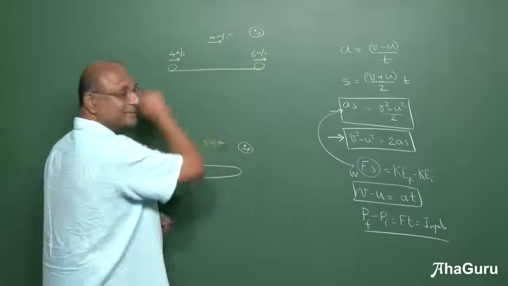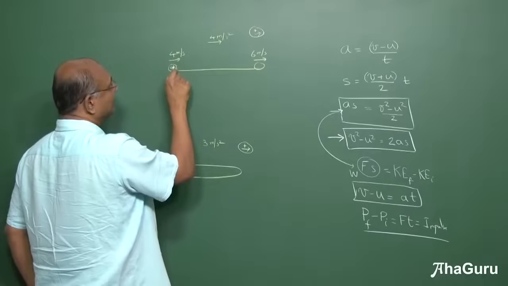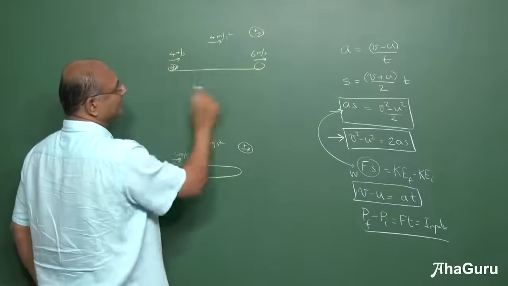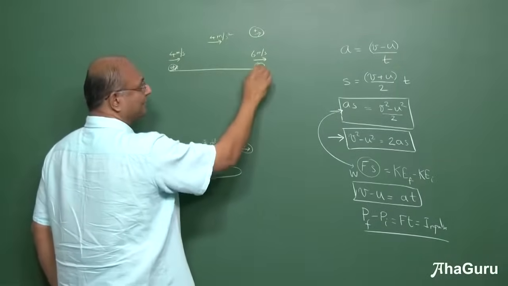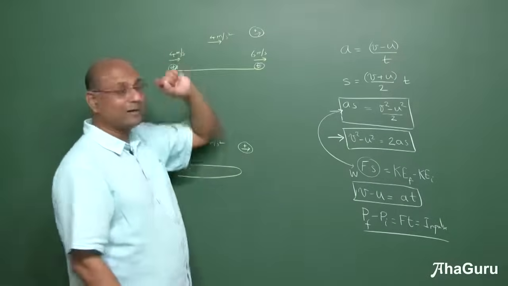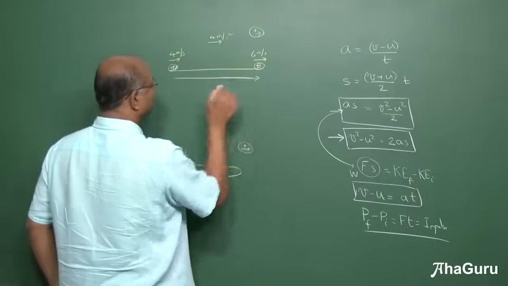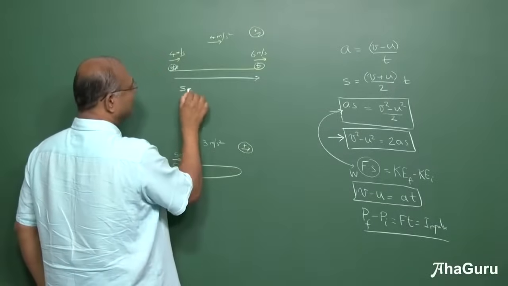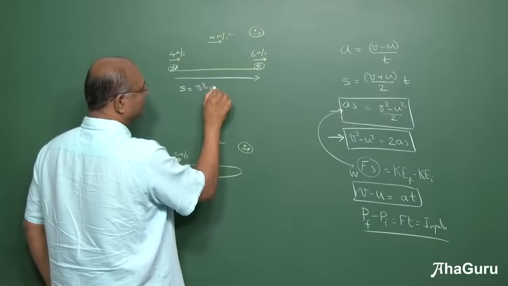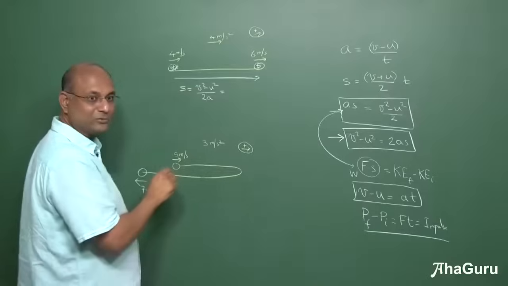So for example, let us take this question. I have a body that starts with 4 meters per second and has a final velocity of 6 meters per second, acceleration of 4 meters per second square, and that is the positive direction. You want to find the displacement. You can write 2as is v square minus u square.